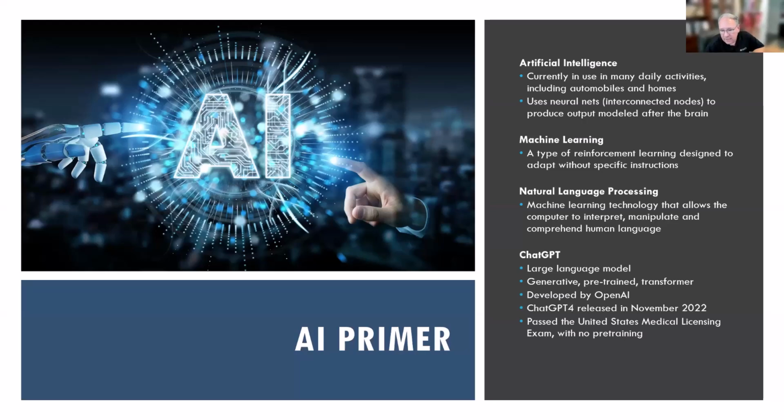Newer forms like ChatGPT, for example, are using what are called large language models. These are using generative, pre-trained transformer technology. We'll talk about that more in section 3. That was developed by OpenAI, but again, OpenAI was not the first company or organization to think about artificial intelligence.